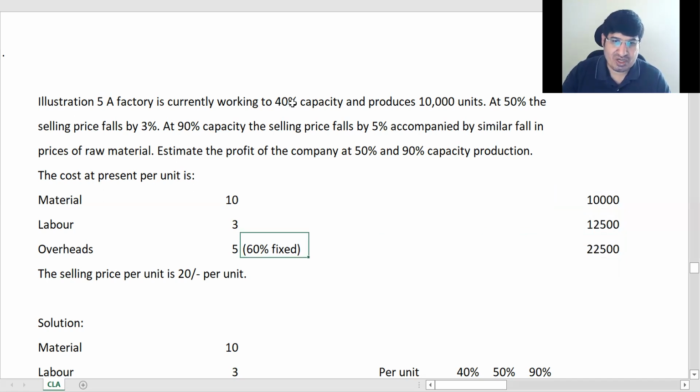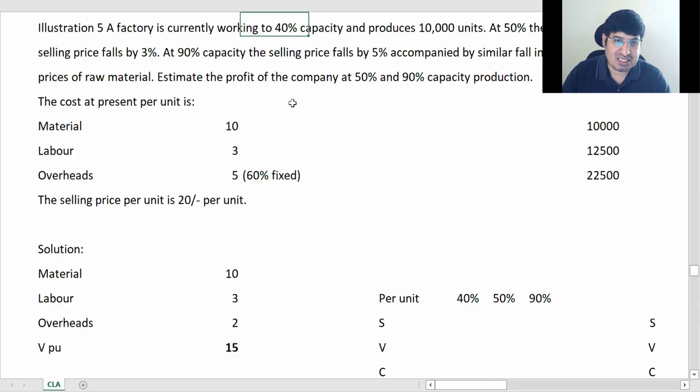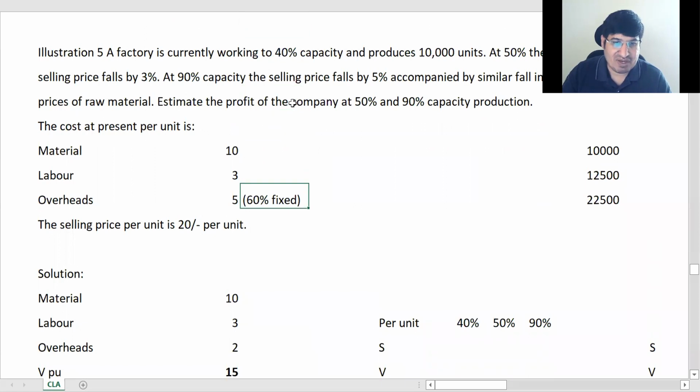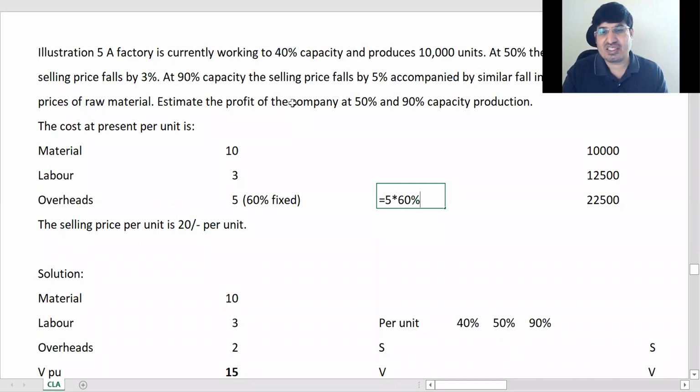So let's see here. First thing is, now your fixed overheads they have given us like this. 60% of 5 is fixed. Okay. So what is 60%? Let us see, 5 into 60%. Just take 60% of 5. It comes to 3.